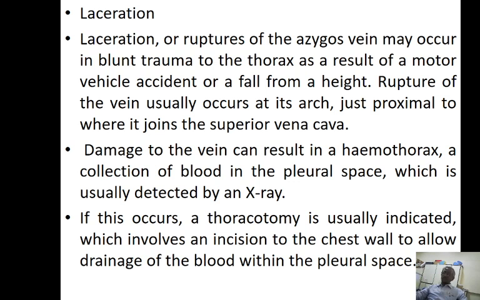So the azygos arch is more prone to injury, just proximal to the point where it joins the superior vena cava. That is the weak point, at the junction of the superior vena cava and azygos arch, where it is going to lacerate in case of blunt trauma to the chest.